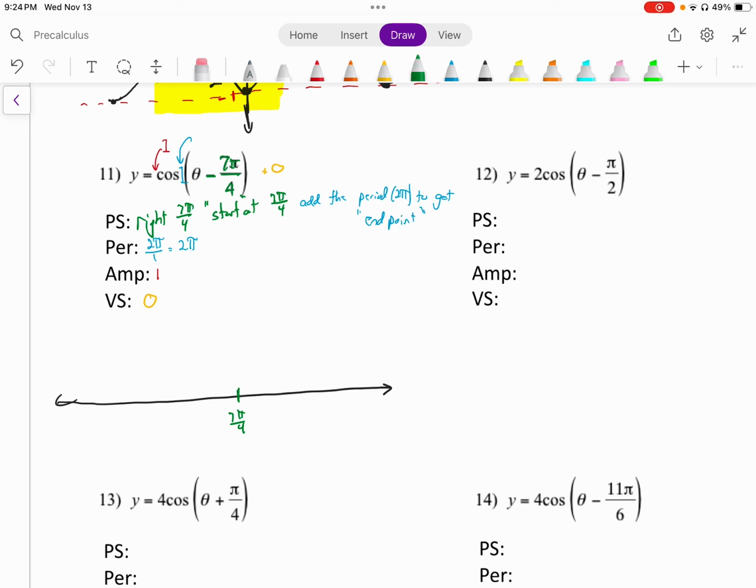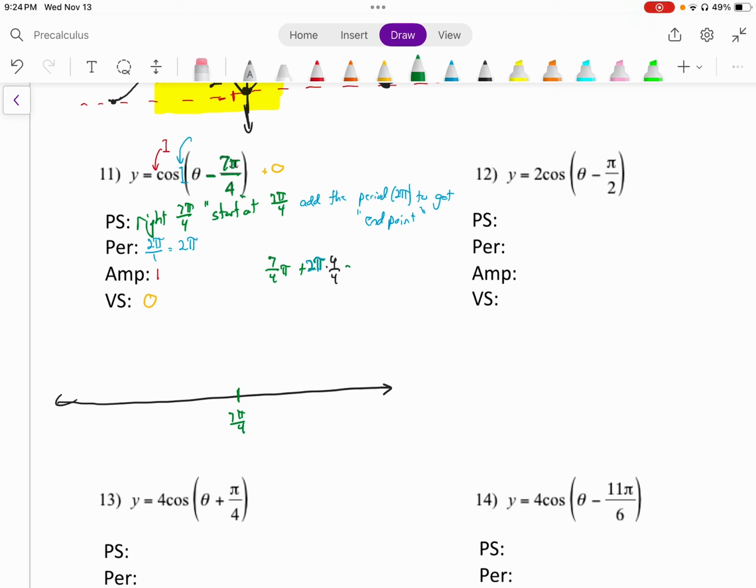And so we have 7/4 pi plus 2 pi, so plus our period. We'll go ahead and multiply that by 4.